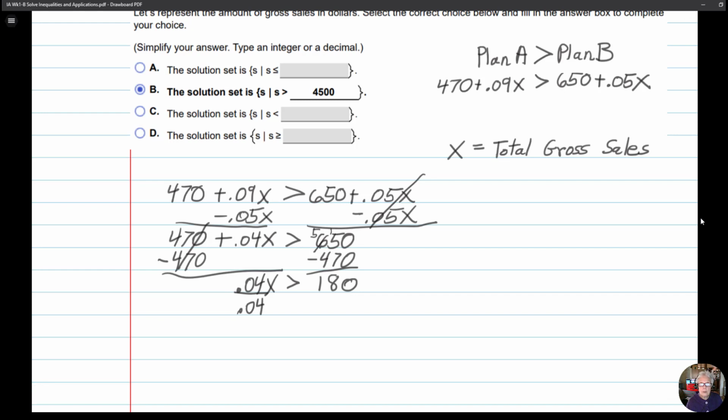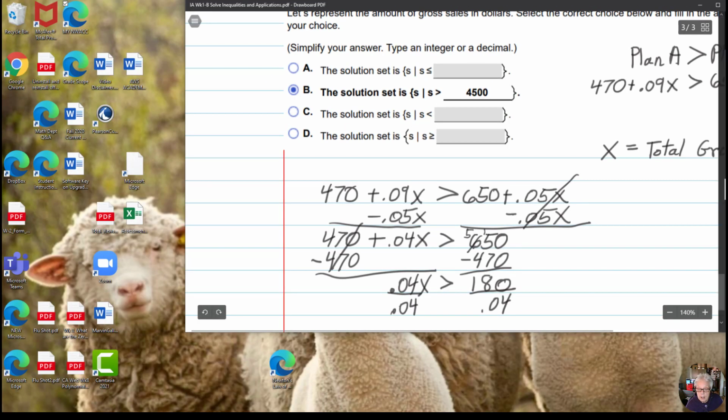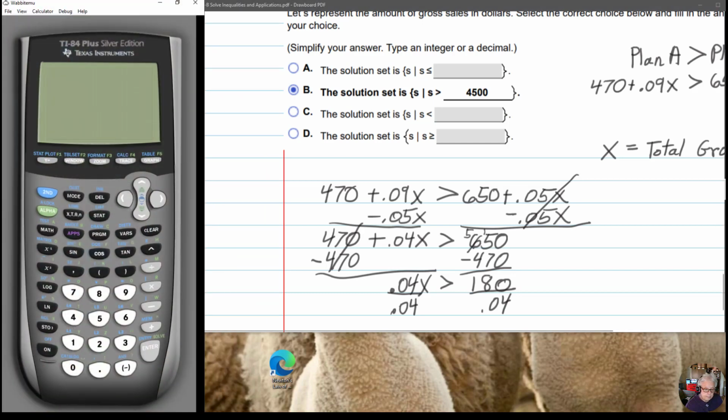This is also called the coefficient of x. 0.04 over 0.04 is 1. 1x is greater than, now, time to pull up the calculator. 180 divided by 0.04, 4,500.